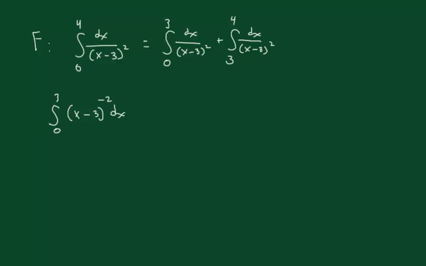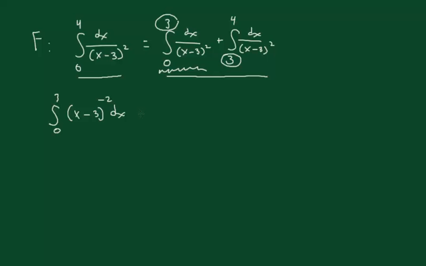Now for example F, I've already drawn the original integral here, and I've separated it into two, splitting at the point of discontinuity, the reason it makes an improper integral to begin with. Like we did in the last example, I'm going to look at the first one.